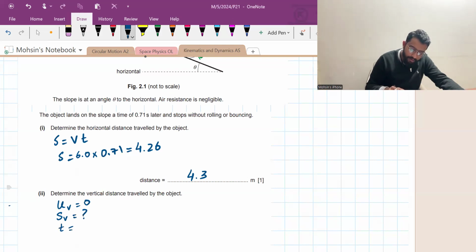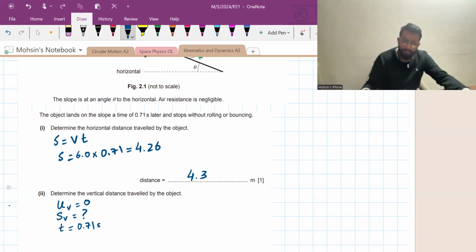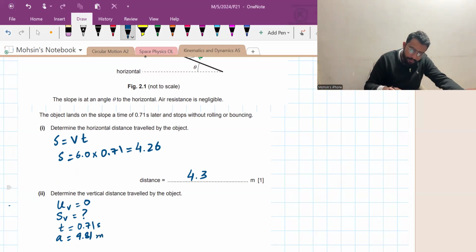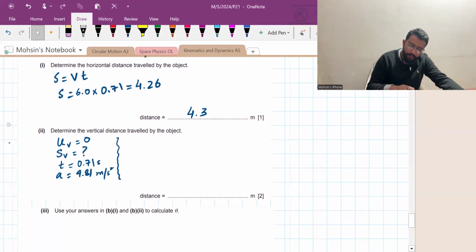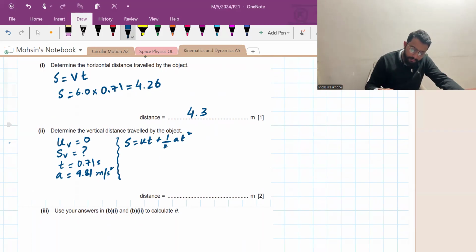Time is already given, which is 0.71 seconds. Acceleration we know, free fall 9.81 meters per second squared. So we are going to use the equation of motion that is suitable for this particular data. So S is equal to ut plus half at square.